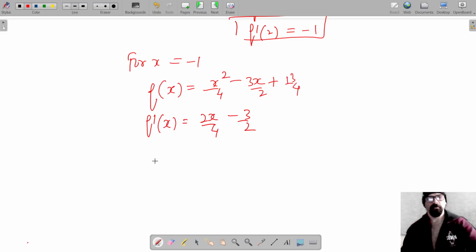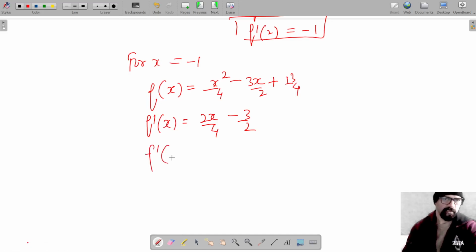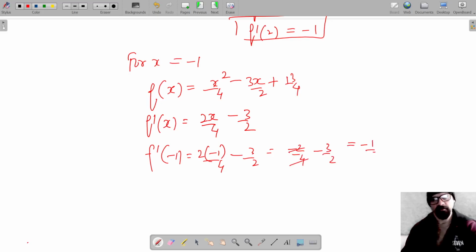And we have to find its value at negative 1. So at negative 1 it is 2 into negative 1 by 4 minus 3 by 2, which is negative 2 by 4 minus 3 by 2, which is negative half minus 3 by 2, which is minus 4 by 2, and the value is negative 2.